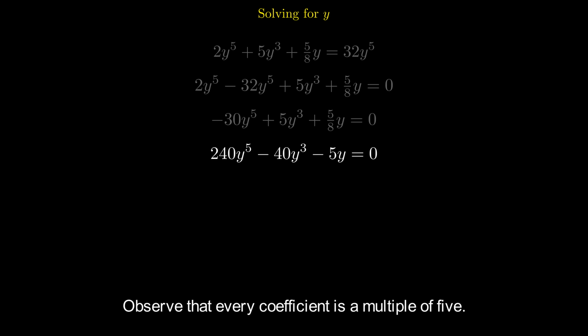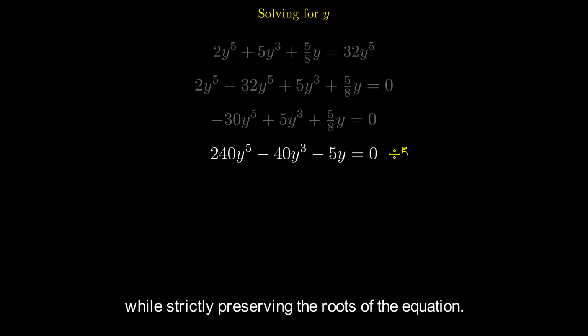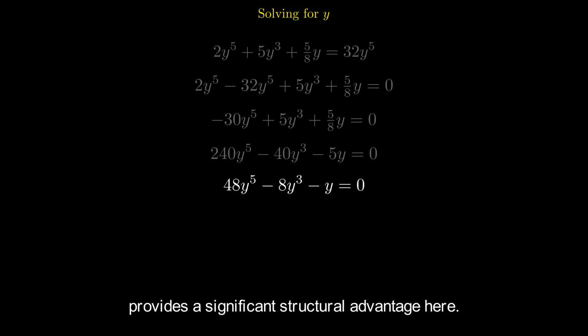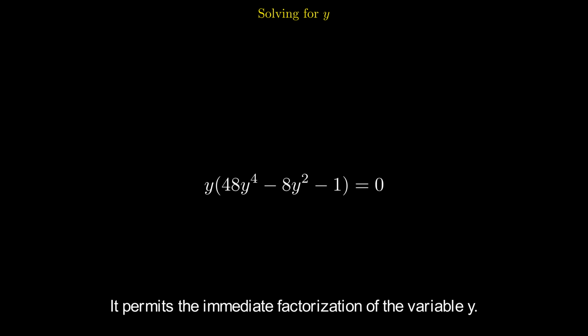Observe that every coefficient is a multiple of 5. Division by 5 simplifies our arithmetic while strictly preserving the roots of the equation. The absence of a constant term provides a significant structural advantage here. It permits the immediate factorization of the variable y. This yields our primary root, y equals 0.